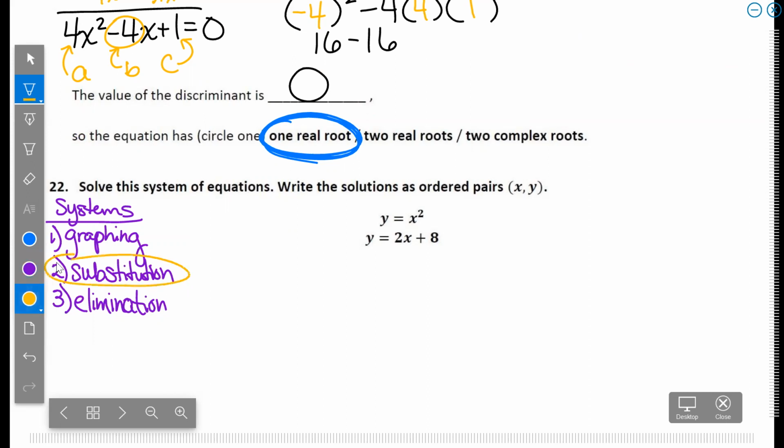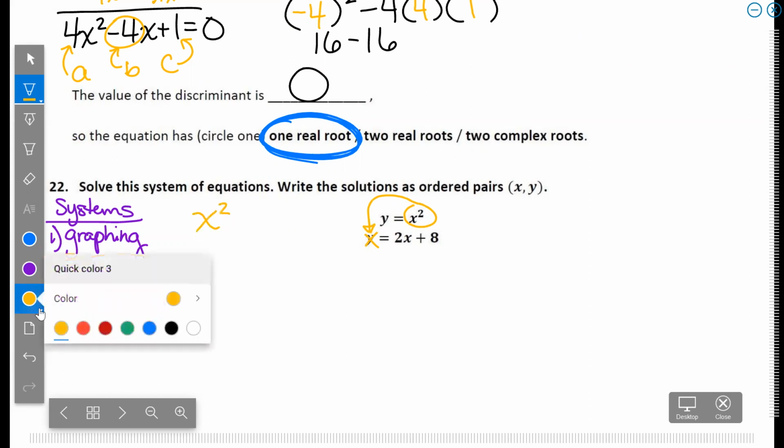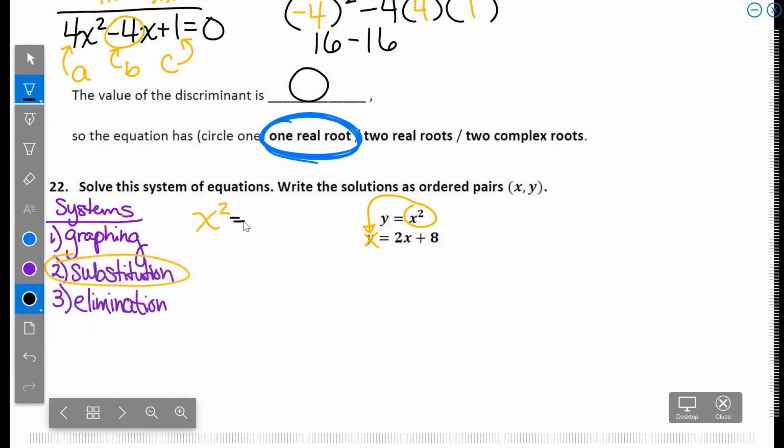Substitution. So I'm going to take x squared, and it's going to take the place of the y in this other equation here. So I'm going to have x squared equals 2x plus 8. I need to get this equal to 0. So I'm going to minus 2x from both sides.